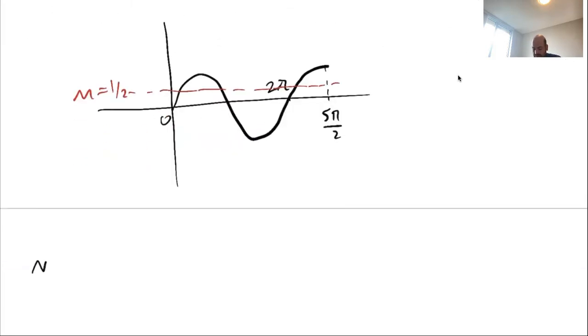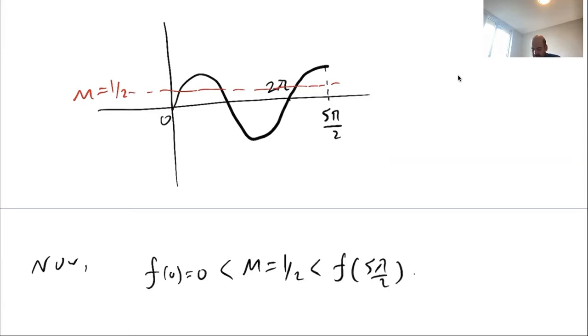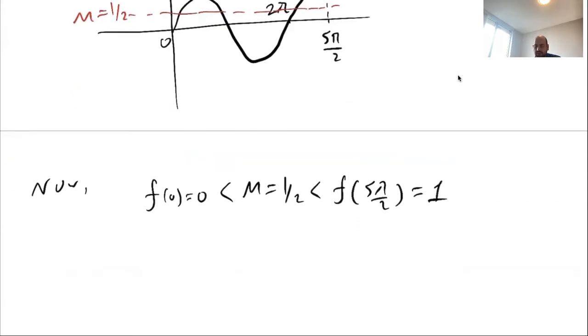So now m equals 1/2. That's between f of a, f of 0, which is 0, and f of 5 pi over 2, which is 1. Right? So m is between f of a and f of b.